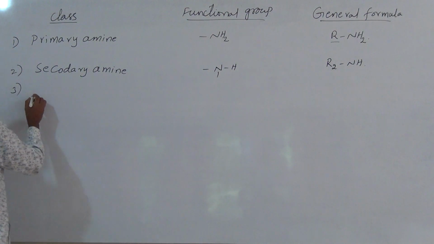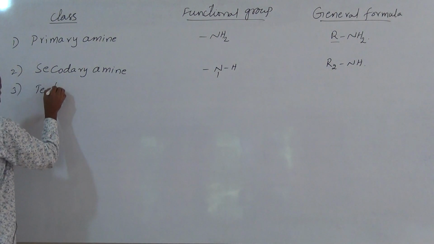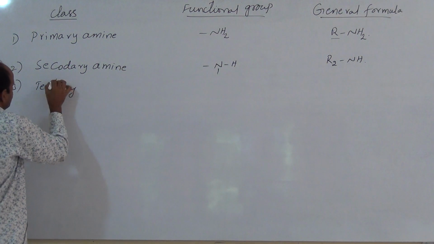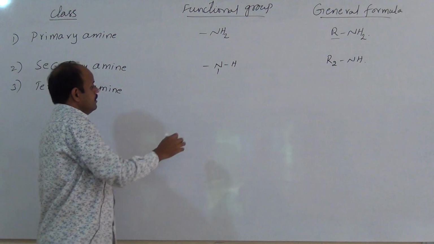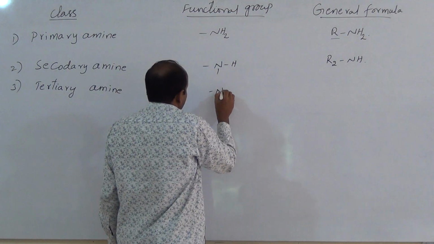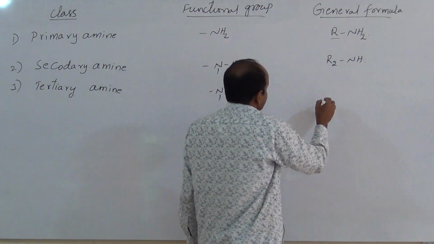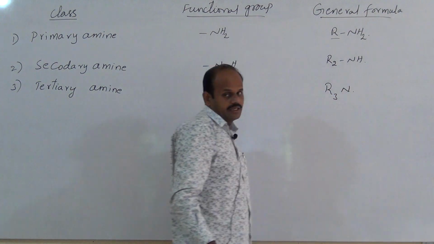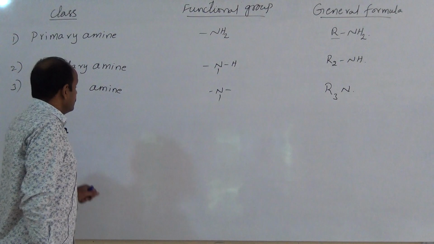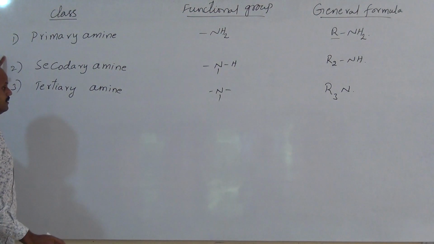And the third one is tertiary amines. The functional group is N and the general formula is R3N.